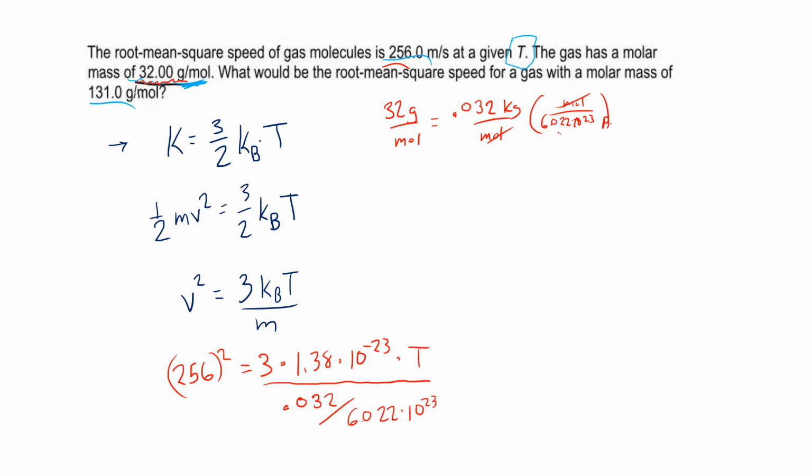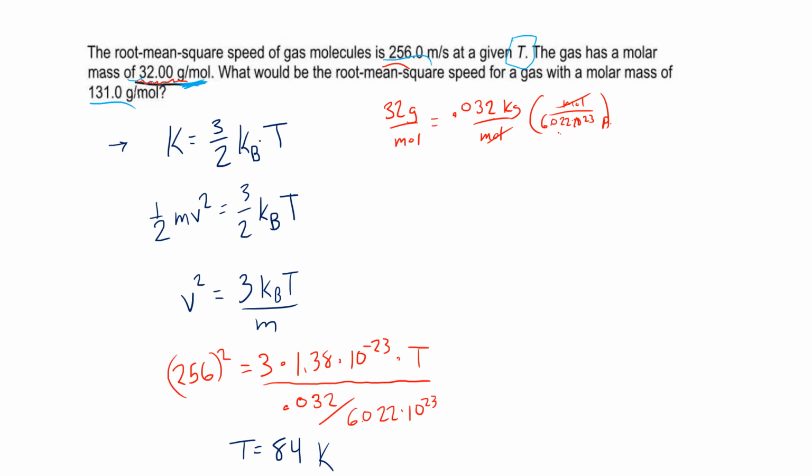The reason why I'm leaving it like this is because you have a negative 10 to the 23, positive 10 to the 23. It makes it a little easier. You can just cross those out. Okay, so once you solve it, T is going to equal about 84. All right, now remember, this is in Kelvin, so this is pretty chill gas. But that's what we get for the temperature.